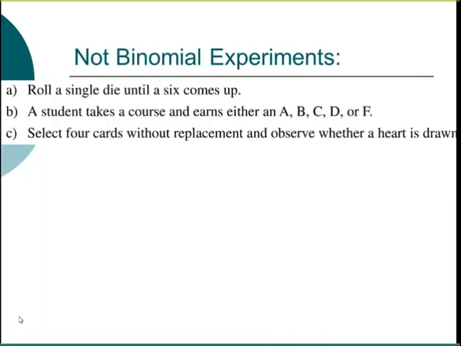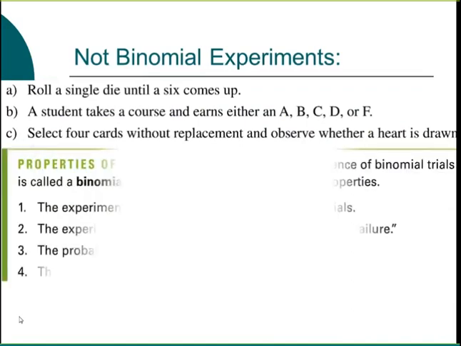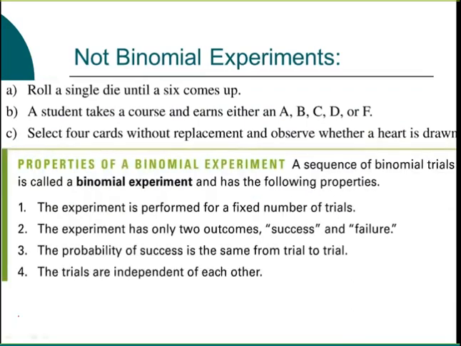So here we've got some examples of experiments that are not binomial, and so you roll a single die until a 6 comes up. Well, that's not a binomial because you're rolling different things, and so we shoot through here and we've got trials are independent of each other, so it's kind of falling there.